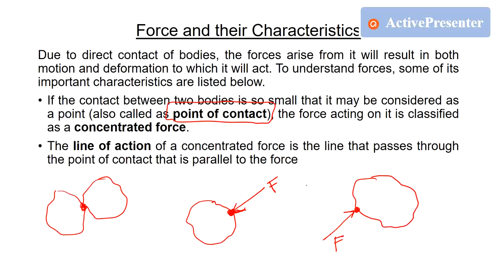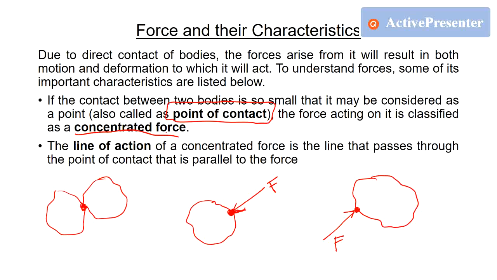If the force is acting on a point of contact or on a single point, that is considered a concentrated force. In our next lectures, we will also discuss other types of forces like the linear load, or the uniform load, and distributed load. Then we also have the pressure load.